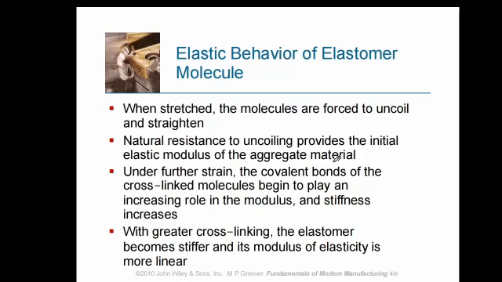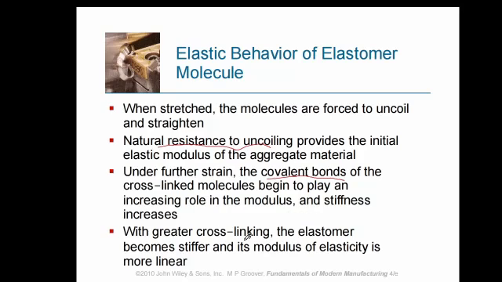Then under further strain, the covalent bonds of the cross-linked molecules begin to play an increasing role in the modulus. So at first, you have natural resistance to elasticity. Then as you continue to stretch the molecule, the covalent bonds play a more important role in reducing elasticity and causing stiffness of the molecule.